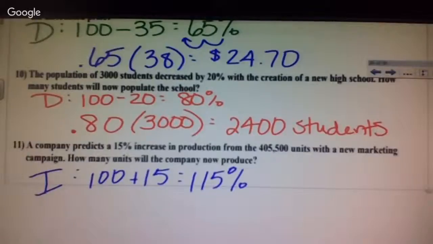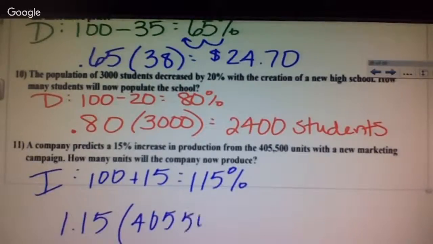So we're at 115% now. We're producing everything we produced last year, plus an additional 15%. So we're looking at 1.15 as a decimal. Again, 2 spaces to the left. Times how many units we produced last year.